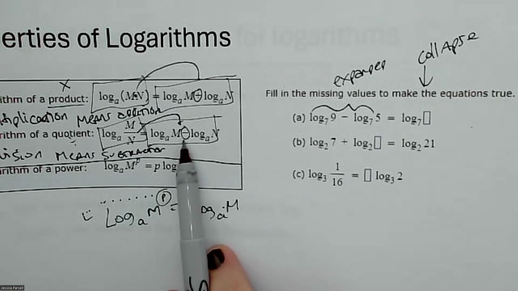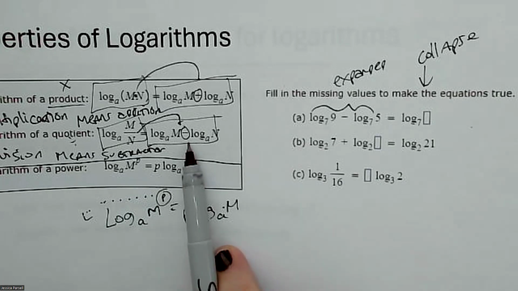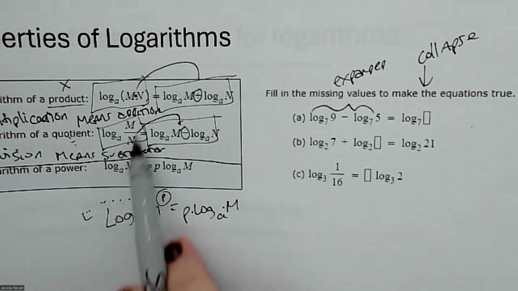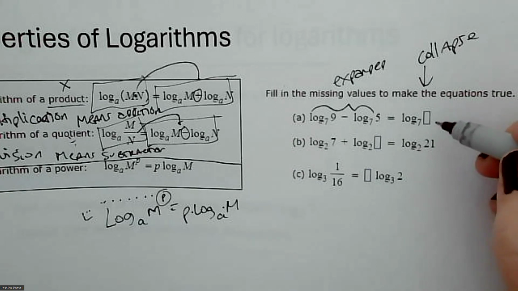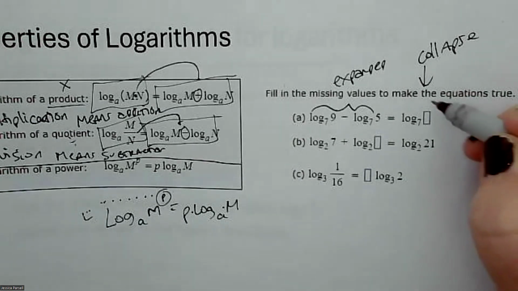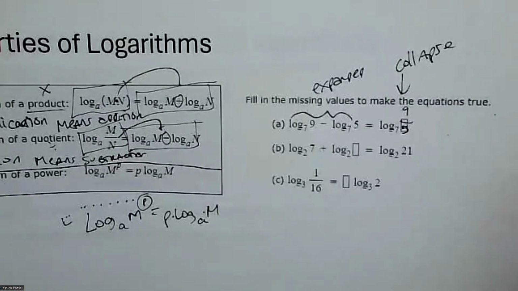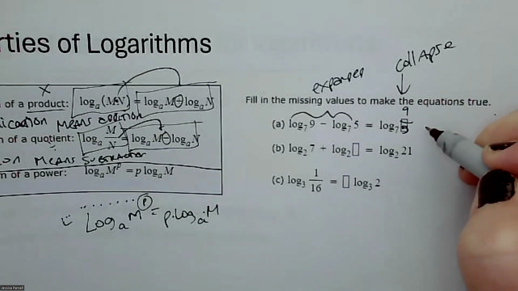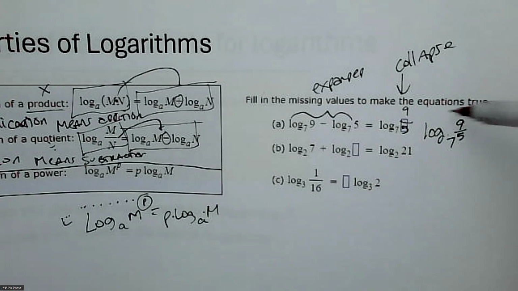Notice it's written here with subtraction in between, which means you can push them together into one super log as long as you're doing division. So log base 7 really turns into 9 over 5. These boxes are hard for me to draw in, so I'm just going to write this out: log base 7 of 9/5. This is the collapsed version, and this is the expanded version.